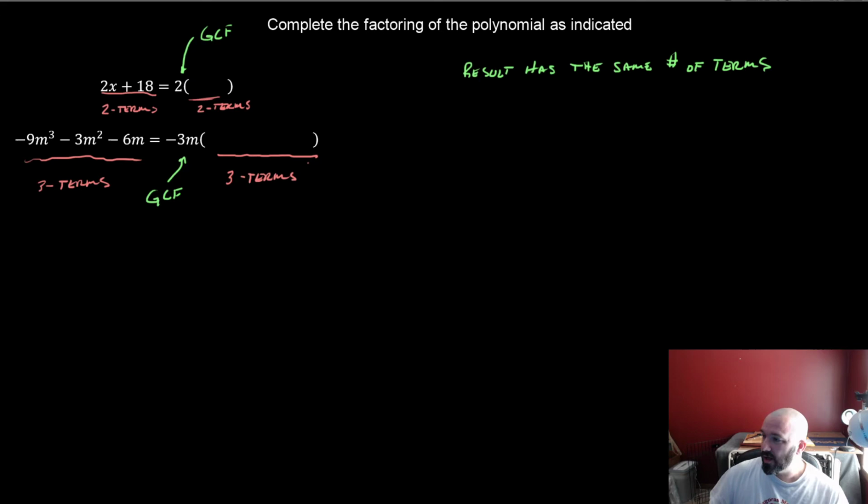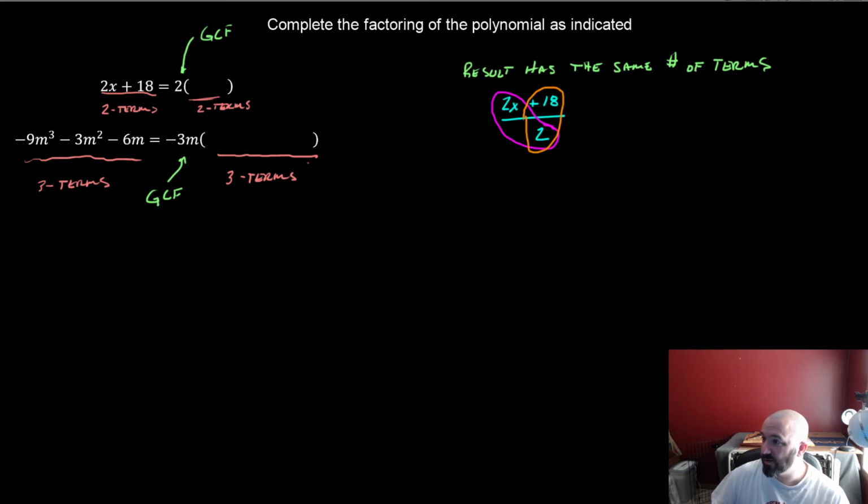All right, so in effect, what we're going to do is when we are factoring out a 2, we're going to take 2x plus 18, and we are going to divide that by 2. That means that this piece happens, and then this piece happens.